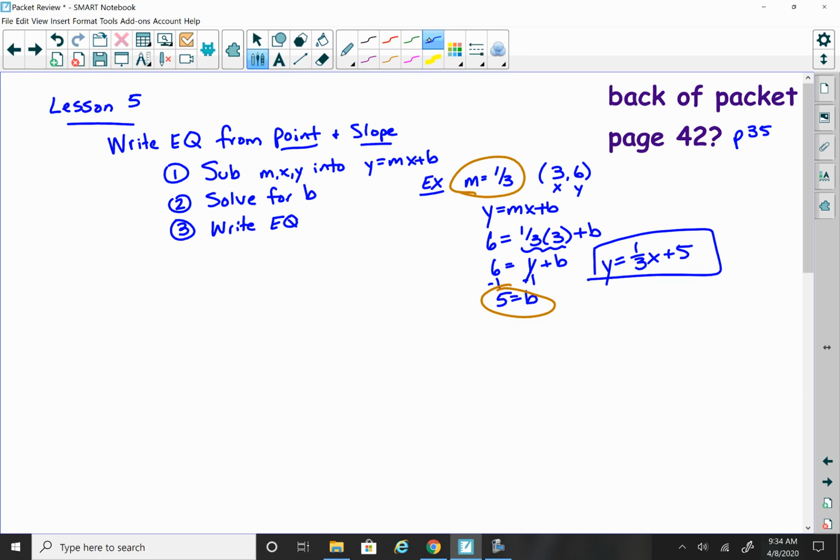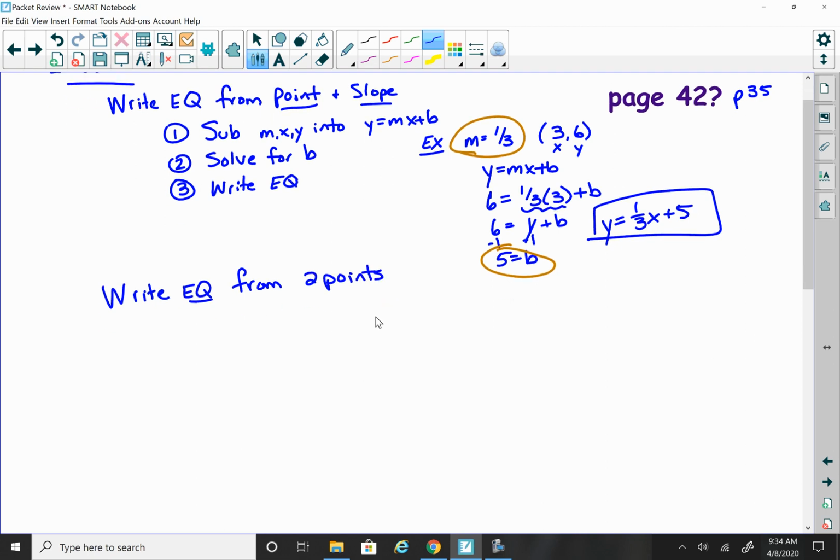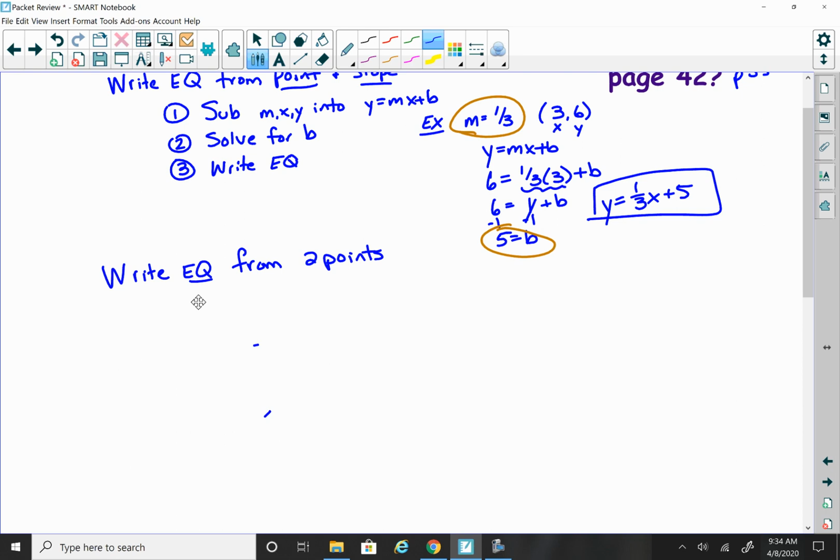The other half of this lesson 5, which was a little bit trickier, was writing an equation from 2 points. The only reason I say that it's a little bit trickier is because there was another step added in. When we write an equation from 2 points, anytime they give you 2 points, the first thing you can do is solve for your slope.